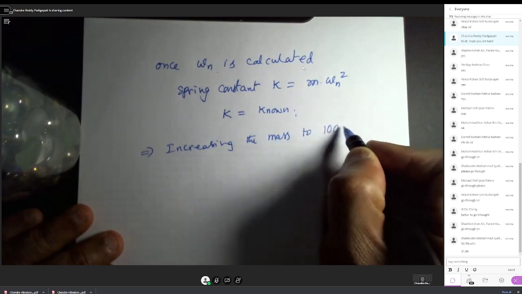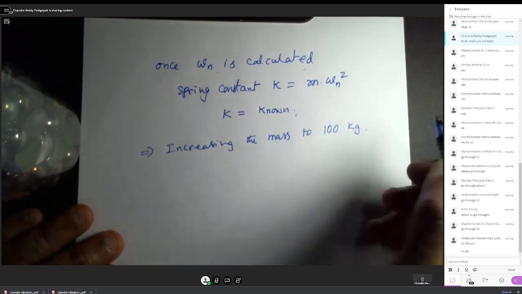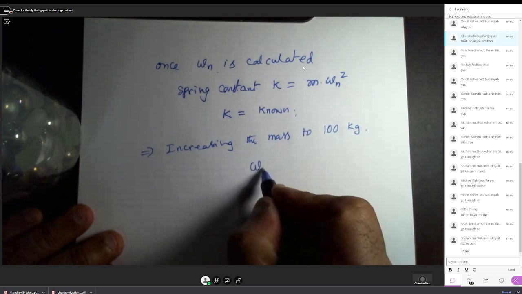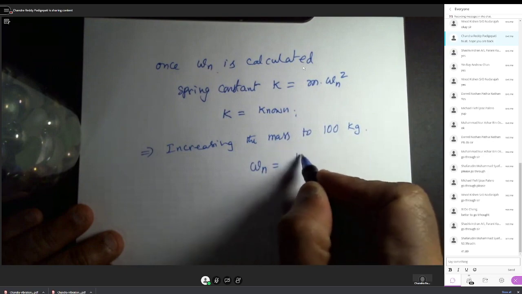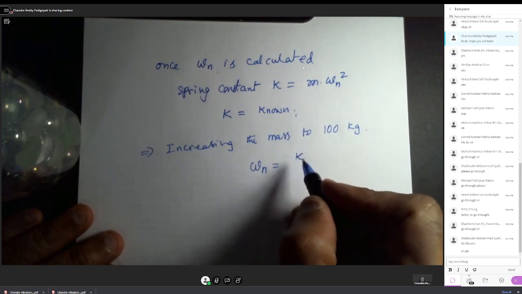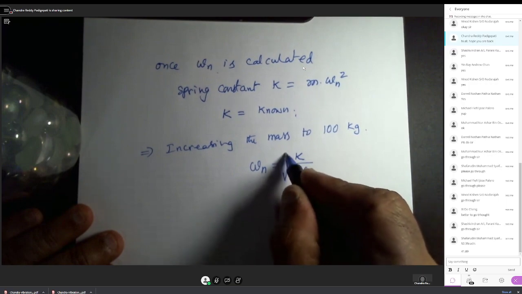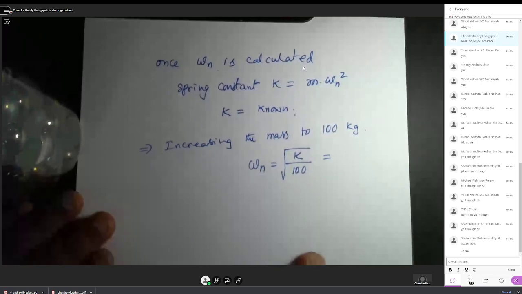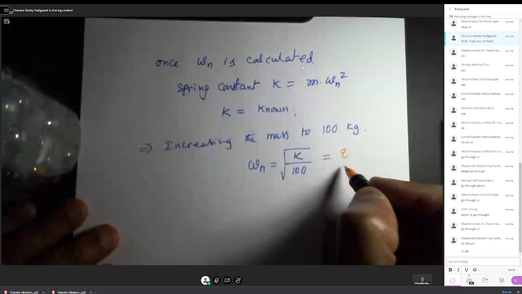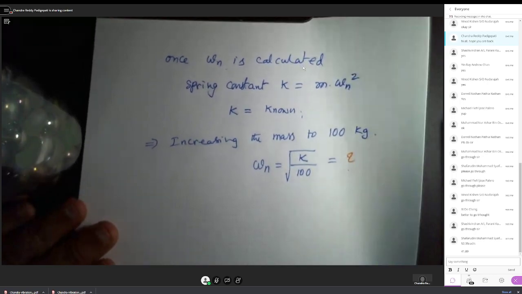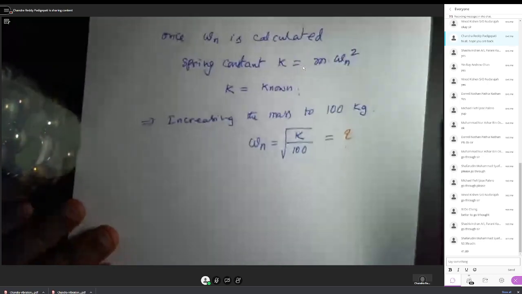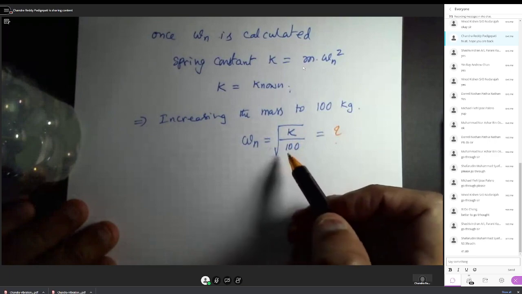Now, increasing the mass to 100 kg, you can calculate the natural frequency of the system as K over 100. You will get some natural frequency of the system by adding another 50 kg on the platform.